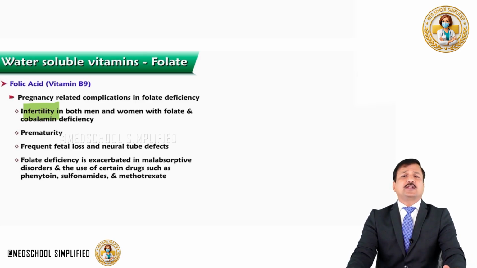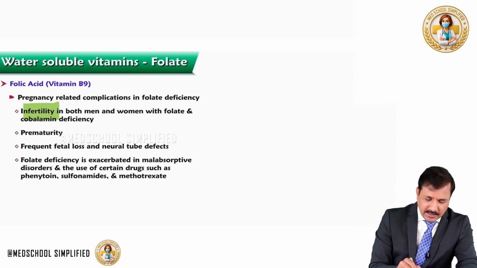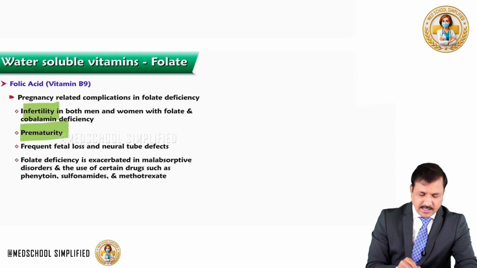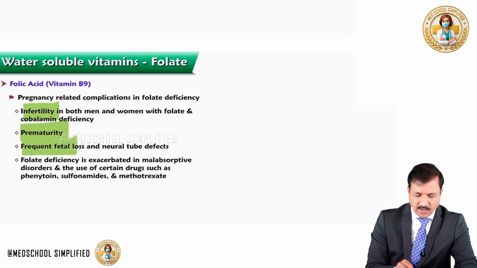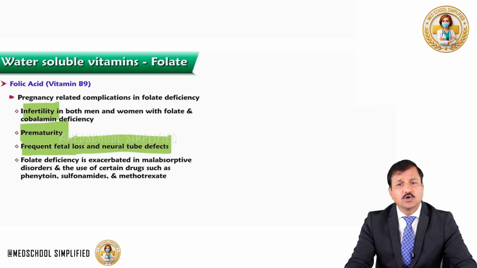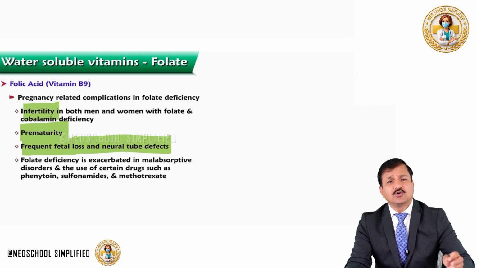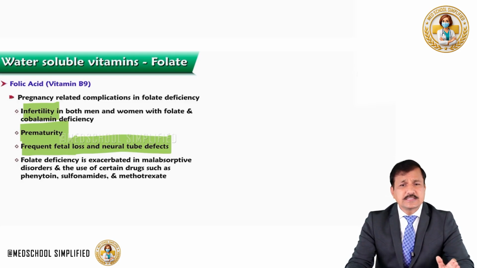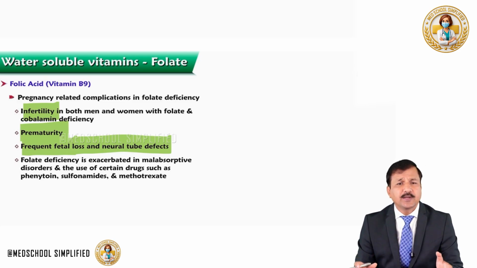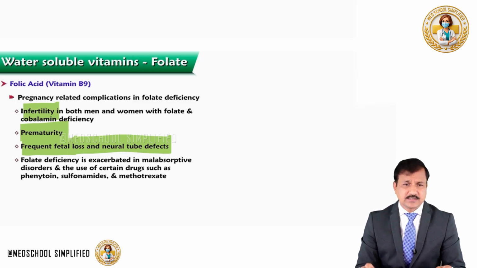Now, maternal folate deficiency has been implicated in prematurity, and because of that there can be frequent fetal loss, and also the newborns or fetus can show neural tube defect. The neural tube defect is seen both in folic acid deficiency and also in cobalamin deficiency. So, both folate and cobalamin deficiency have been implicated in frequent fetal loss and neural tube defects.